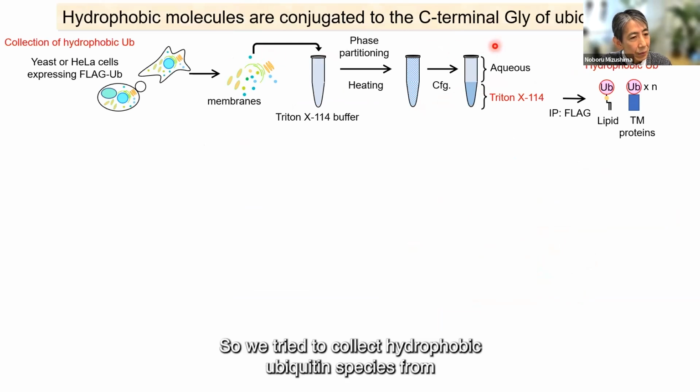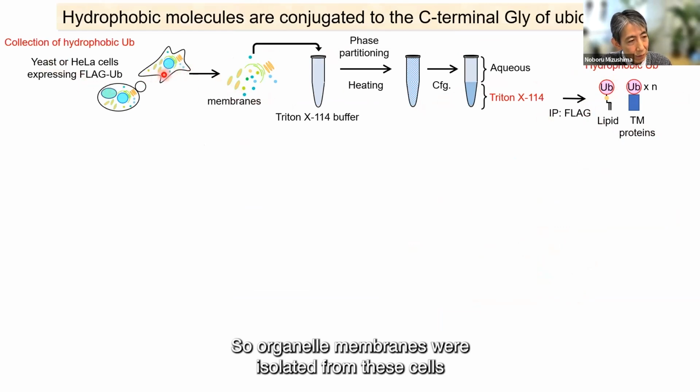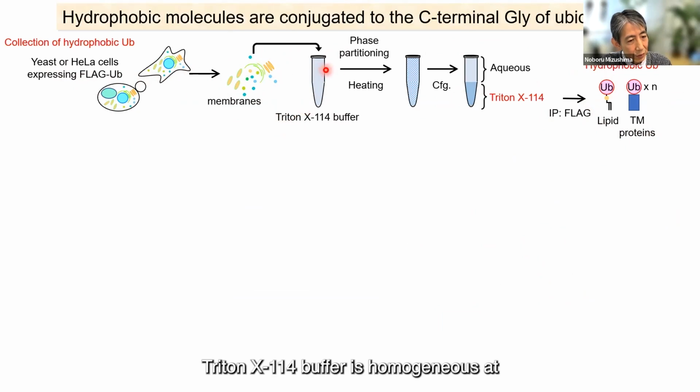To do that, we tried to collect hydrophobic ubiquitin species from yeast and mammalian cells. Organelle membranes were isolated from these cells and solubilized in a buffer containing Triton X114. Triton X114 buffer is homogeneous at 0 degrees, but after heating to 37 degrees, it separates into the aqueous and the detergent Triton X phases.